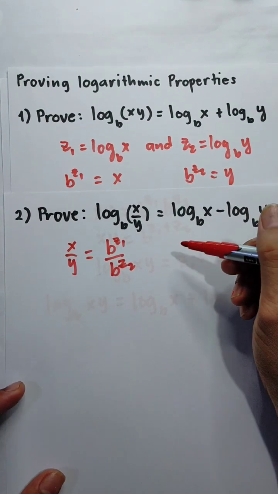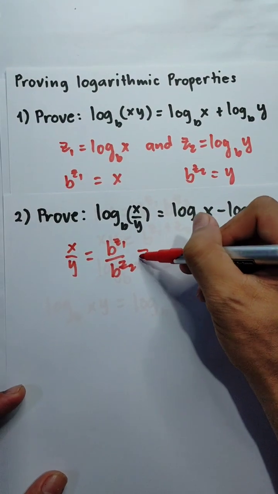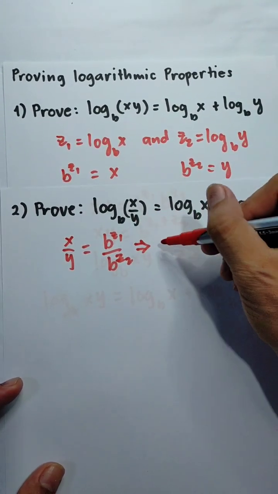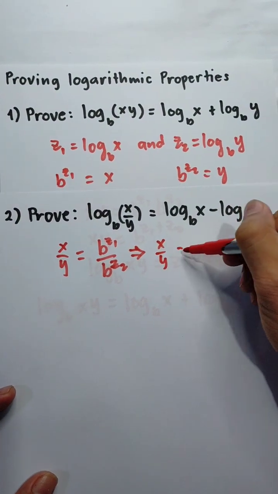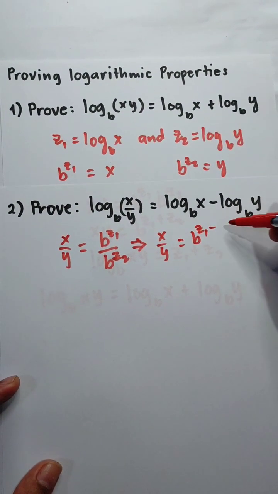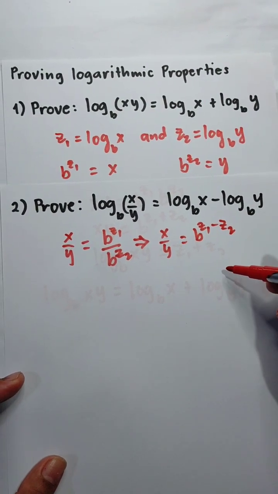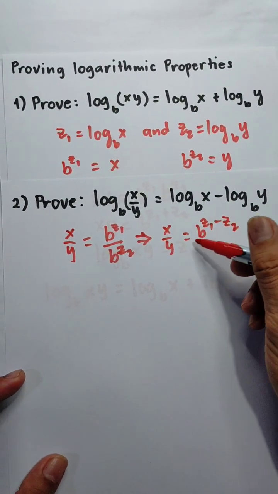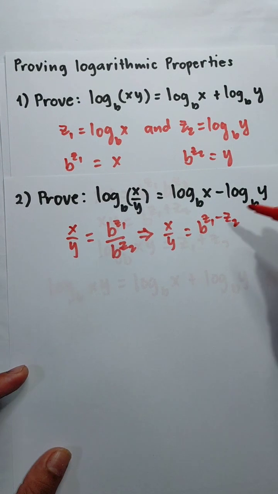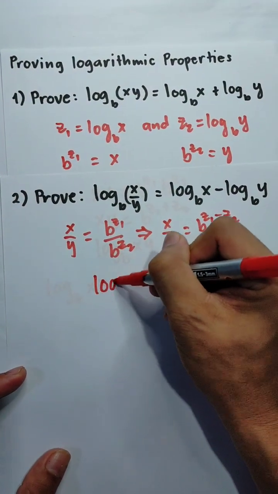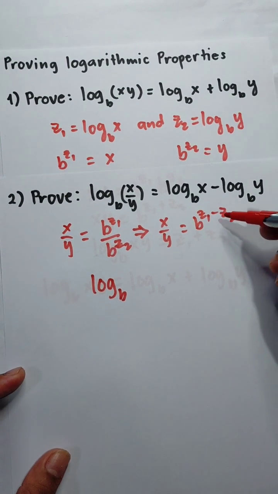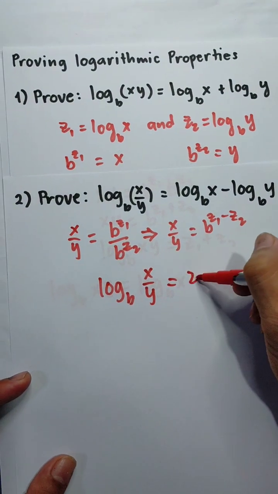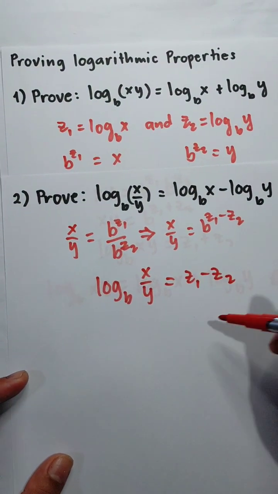Next, since they have the same base, we can write this as a difference of two exponents. So x over y equals b to the z1 minus z2. Then we can apply the definition of logarithm to this exponential equation. So this is now log base b of x over y equals z1 minus z2.